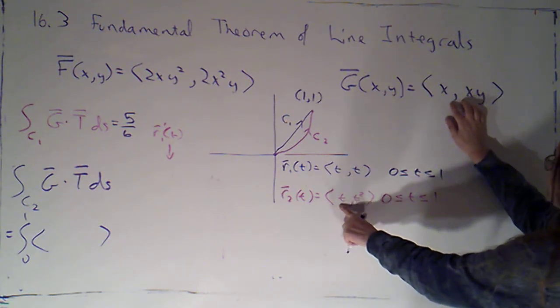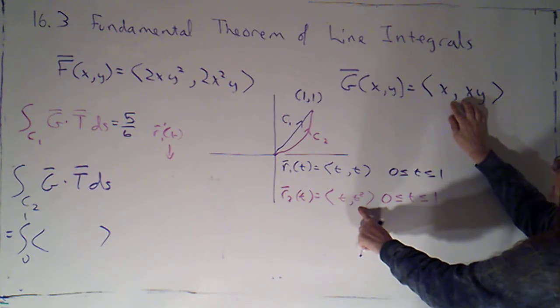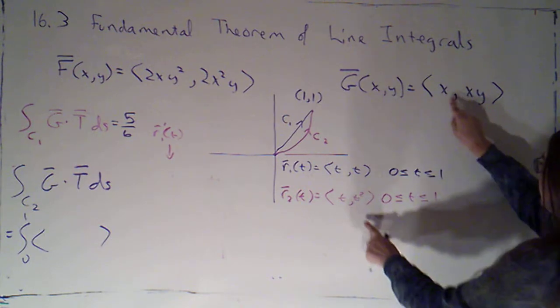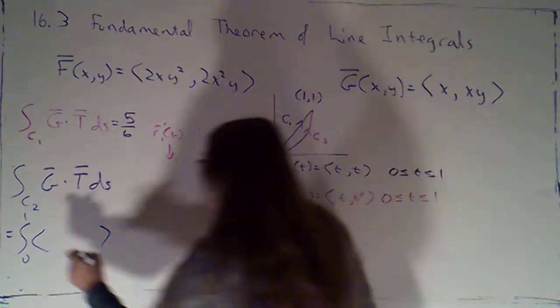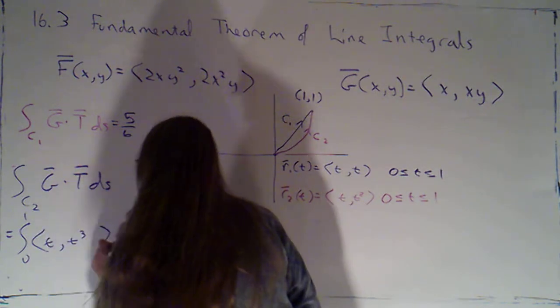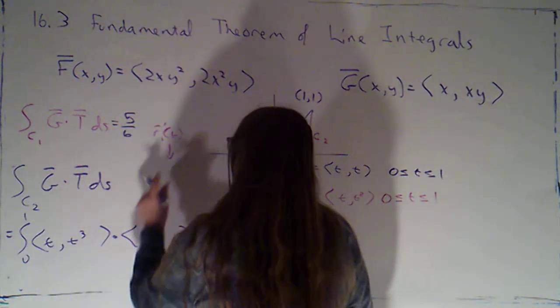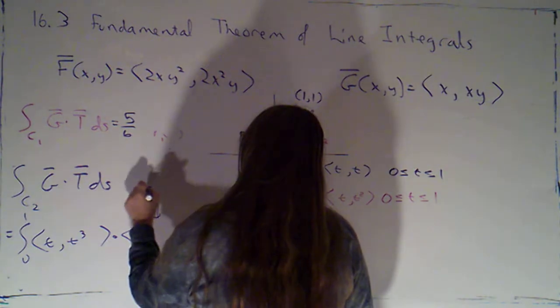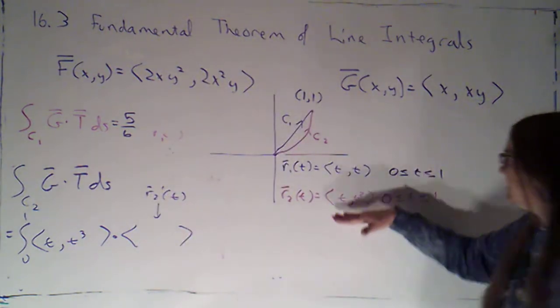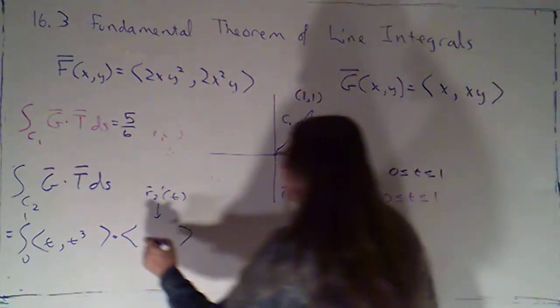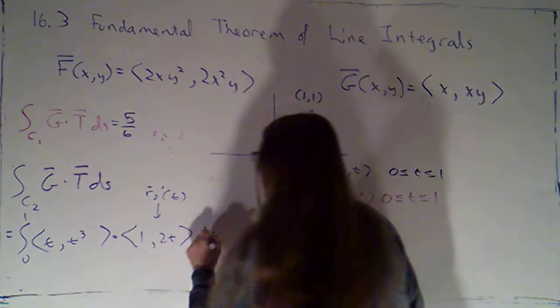So x becomes t and y becomes t squared. So I'm going to get t and then t cubed, dotted with R2 prime of t, which is just going to be 1, 2t.